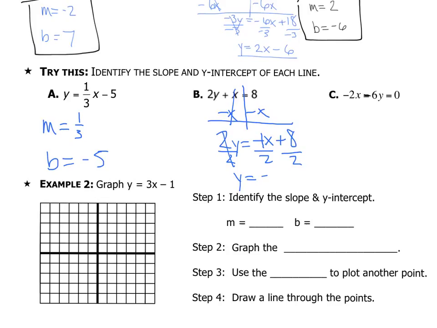So negative 1 over 2x, and then 8 over 2 is 4. So then we can identify our slope is m equals negative 1/2, and b is 4.